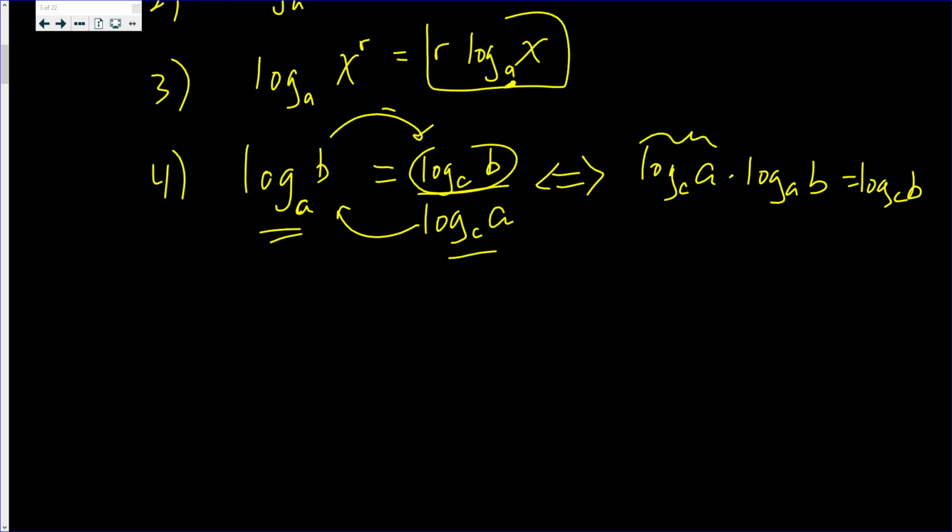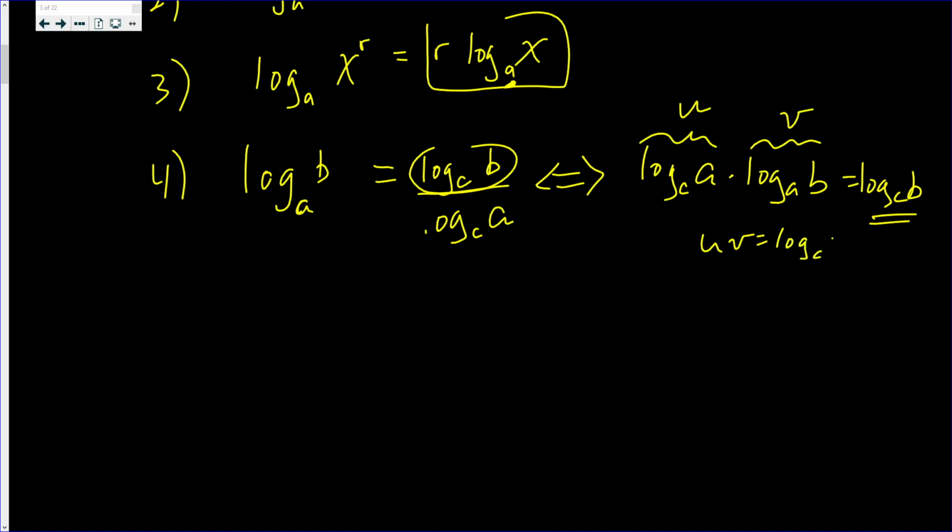Try again. I call this U, and I call that V. And I want UV to equal that. So let's try to keep our eye on the goal. I want UV to equal log base C of B. This is what we want.